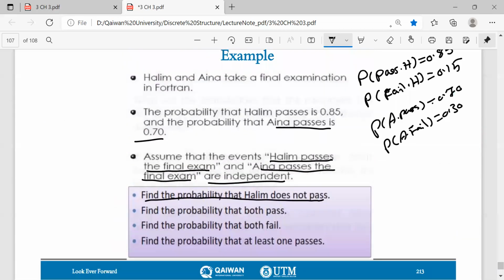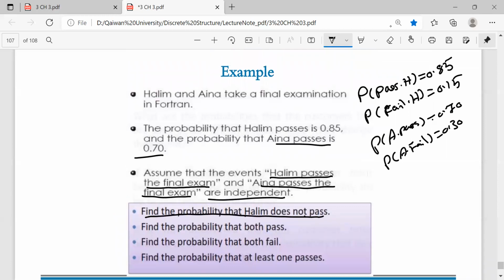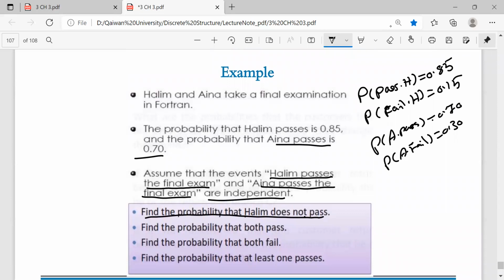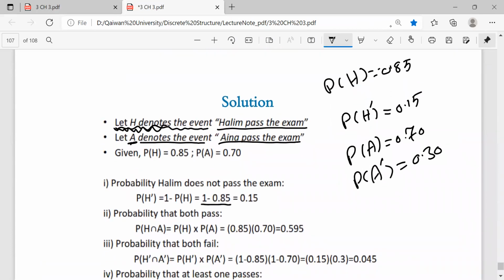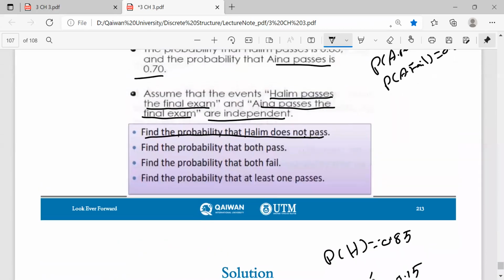For the first one, it says find the probability that Halim doesn't pass. Since the probability of passing Halim is 0.85, the probability of failing is 0.15. That's 1 minus 0.85, which is 0.15. For the second part, it says find the probability that both pass.